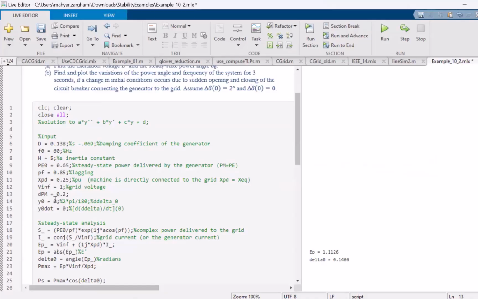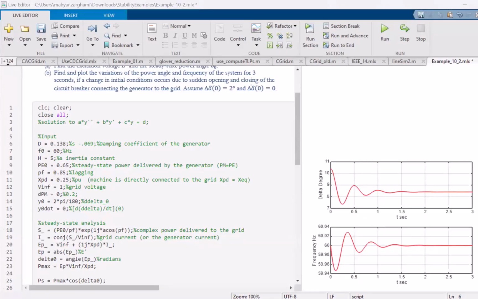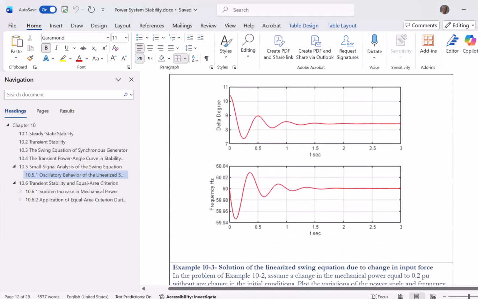So this was already the example 10.3, right? The previous example was when you had this as 0. This has 2 degrees, and yeah. So this is example 10.2. This is the result of example 10.2, which should give us what we had in here.